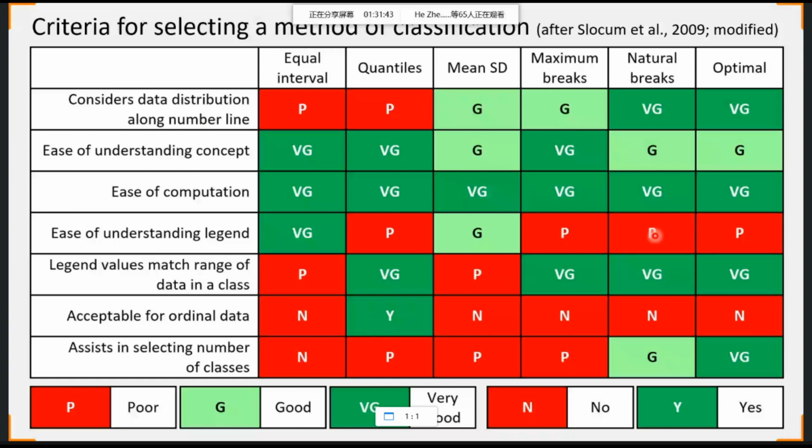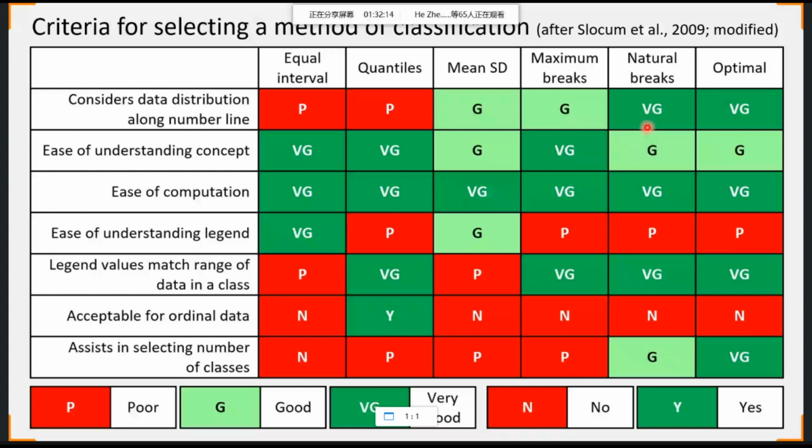And the legend values match the range of data in class. This has to do with this first one also. But still, it can help to compute this GADF curve, to get the information how many classes you should use within natural breaks.